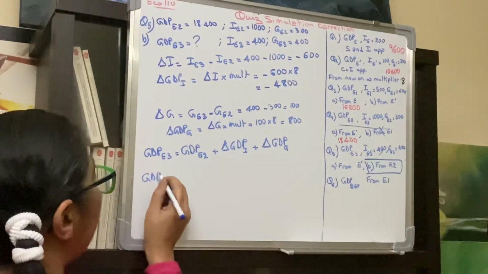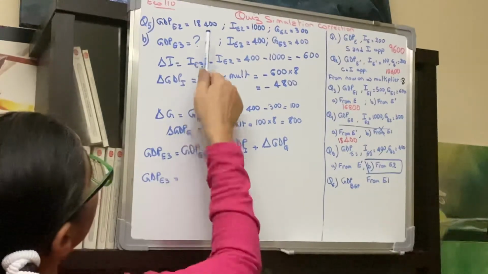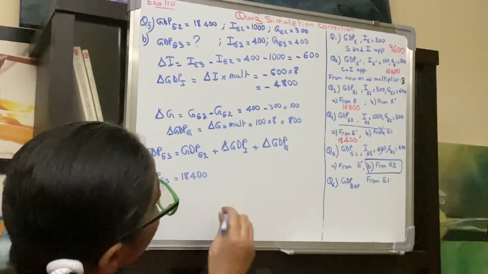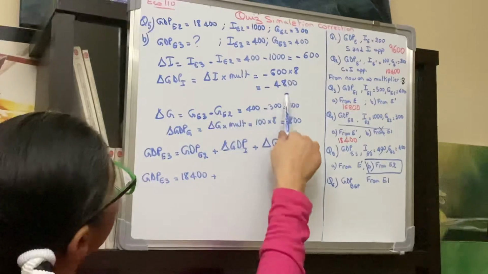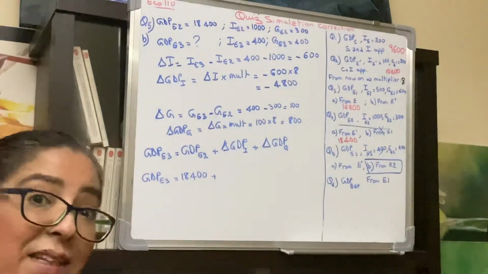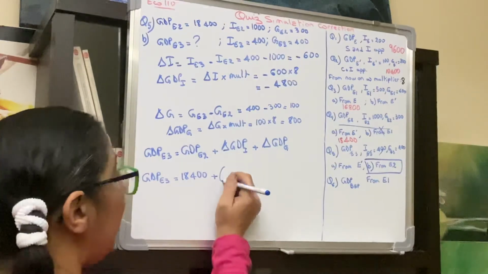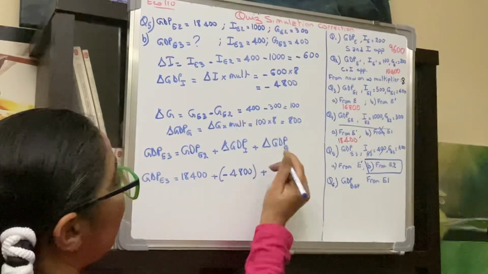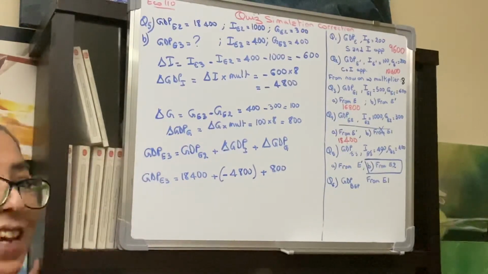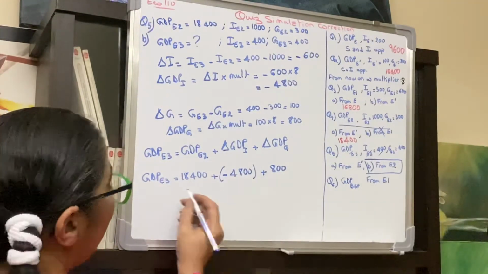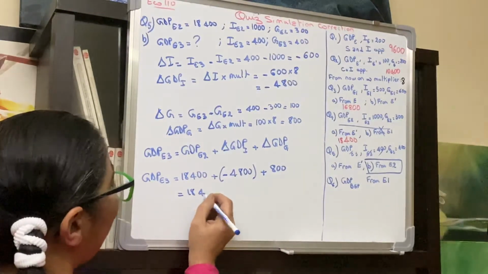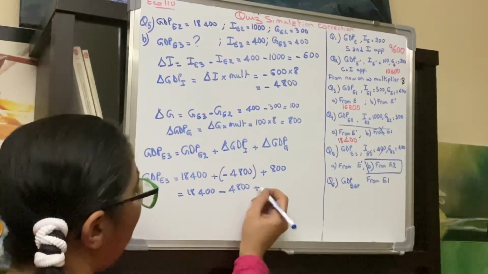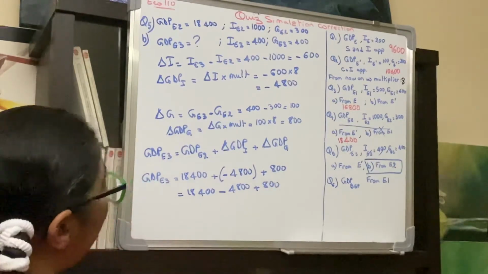So GDP at E3 is equal to GDP at E2, which was 18,400, plus, here it's negative, so plus negative 4,800 plus 800. You get it? Plus minus becomes minus. I'm going to rewrite it: 18,400 minus 4,800 plus 800. So it's going to be 14,000.